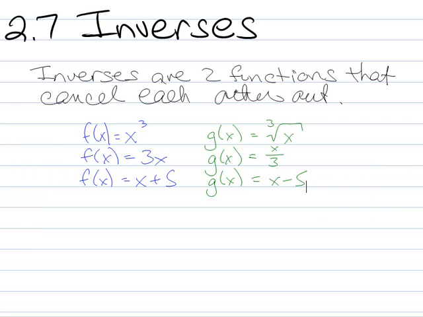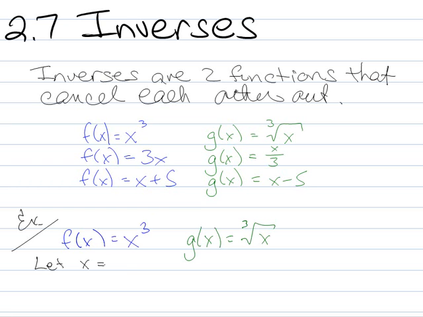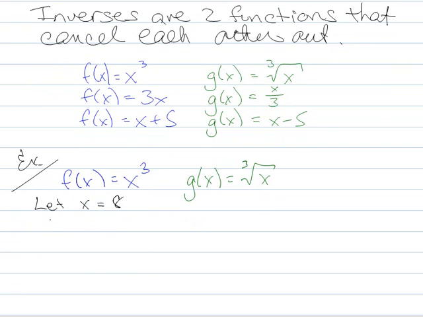Okay, so let's do an example. Let's look at f of x being x cubed and g of x being the cube root of x. Say I let x equal 8.